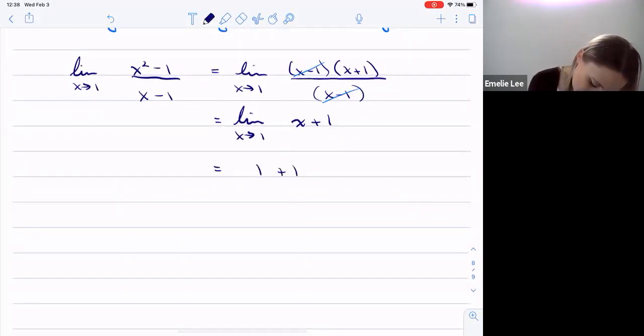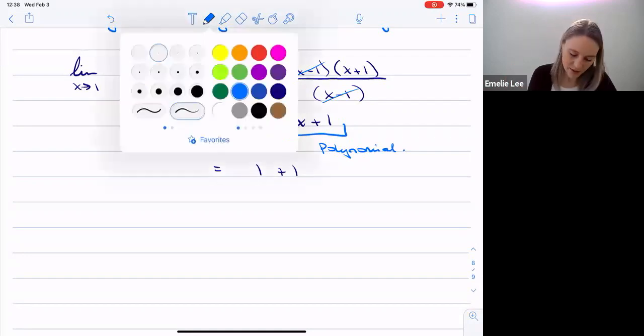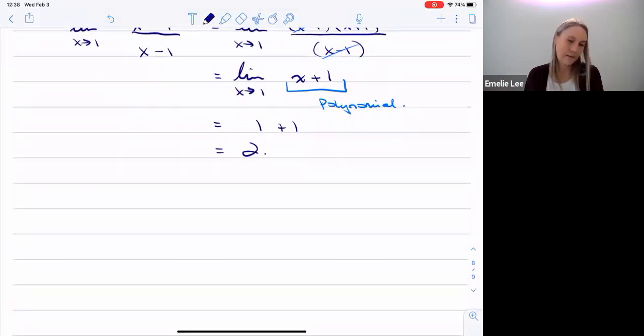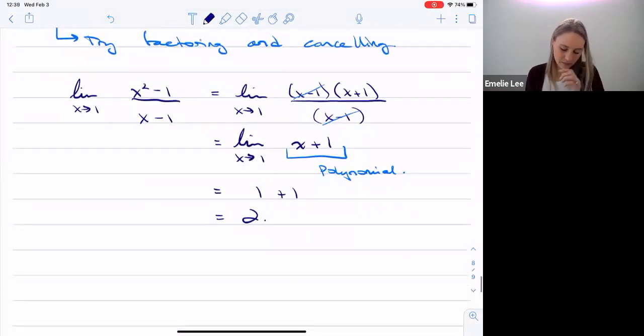So this is 1 plus 1. I'll just make a note here that this is a polynomial, and so I've got that property that says I can just plug in the values. I think it's called the direct substitution property. So the limit then is 2. Okay, good.